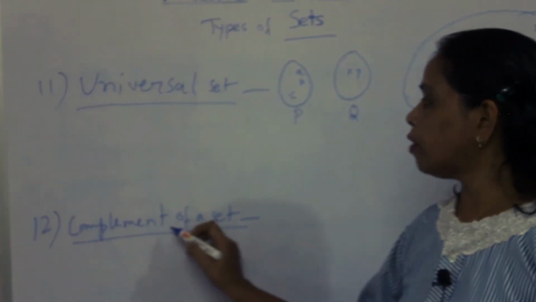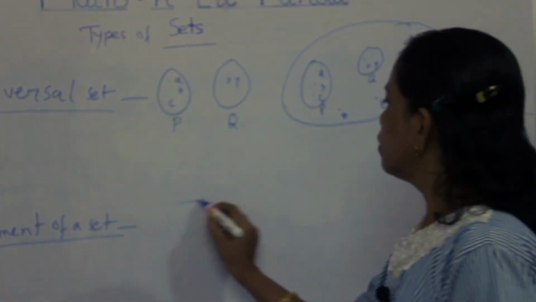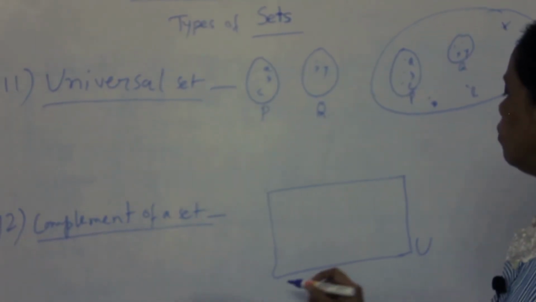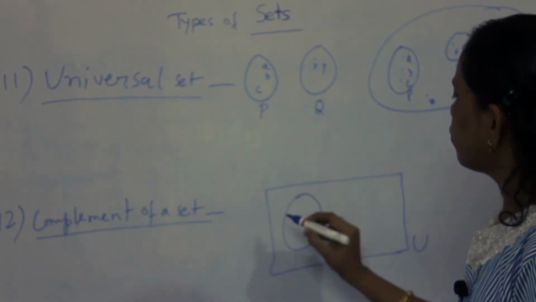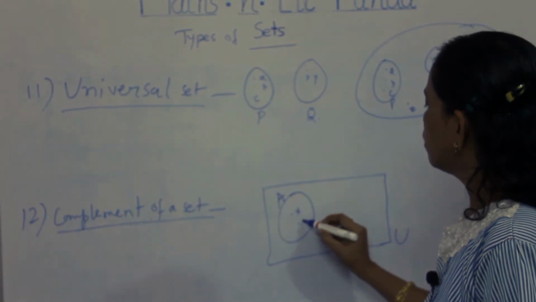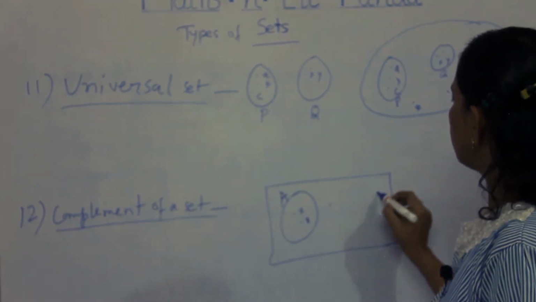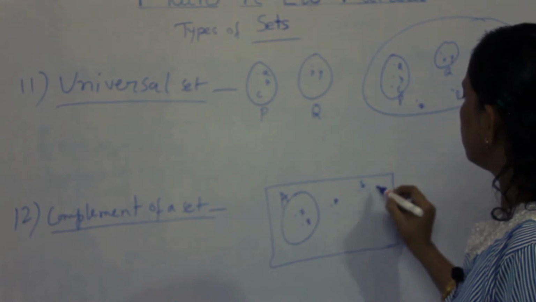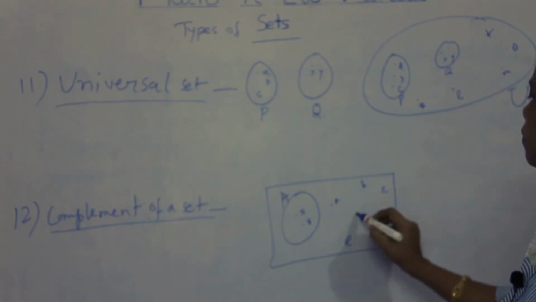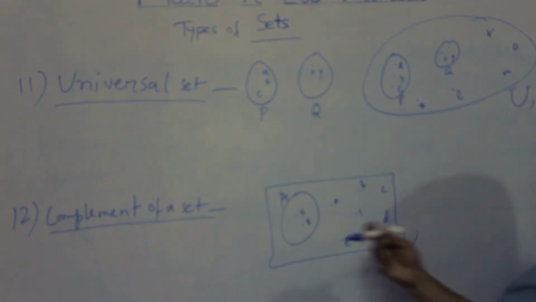Now, complement of a set. What is the complement of a set? Suppose this is a universal set. It is denoted by U, and this is a subset, that is A. It contains elements X, Y. Other elements are here: A, B, C, D, E, like this. All elements are here, 1, 2, like this. So what is the complement of set A?